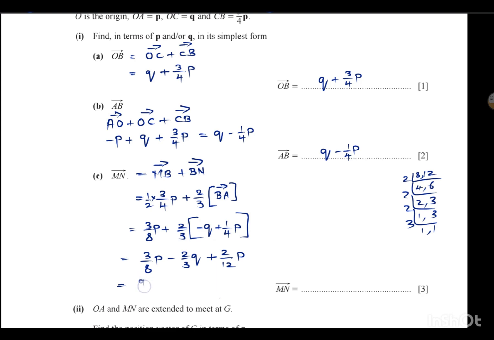So 3 3s are 9 by 24 P plus 2 times 2 is 4 by 24 P, and Q is minus 2 by 3 Q. So this will be simplified to 13 by 24. So it is 13 by 24 P minus 2 by 3 Q.